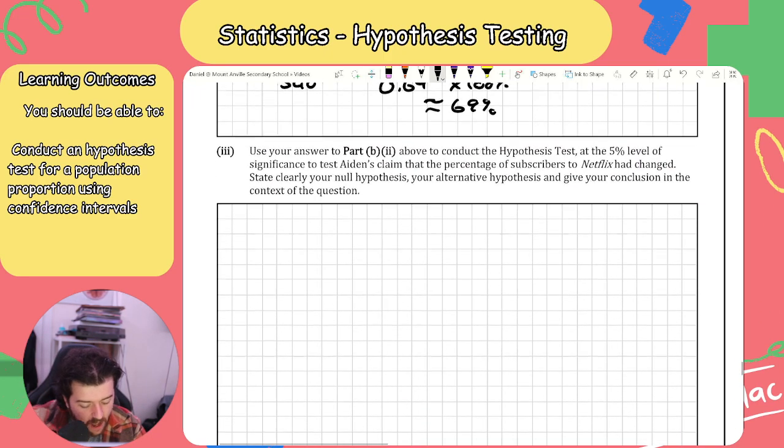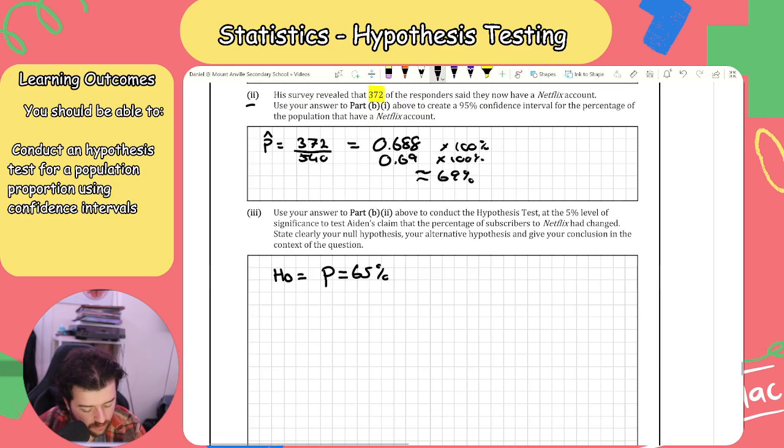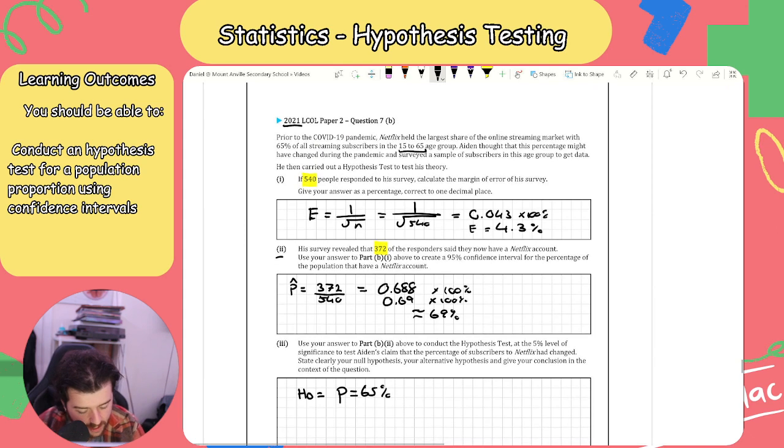Right, use your answer from B1 to conduct a hypothesis test at a 5% level of significance to test Aidan's claim that the percentage of subscribers has changed. State clearly your null hypothesis and your alternative hypothesis. So, my null hypothesis is the population proportion is still 65%. Remember the claim here, right? The online streaming market with 65% of subscribers between the ages of 15 and 65.